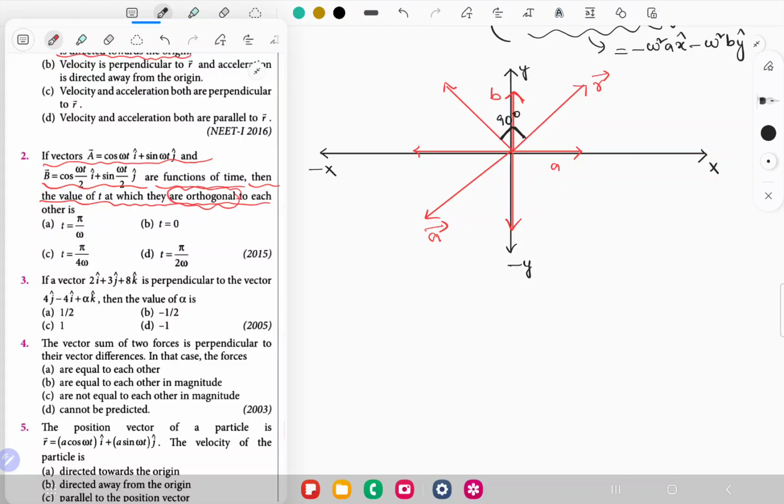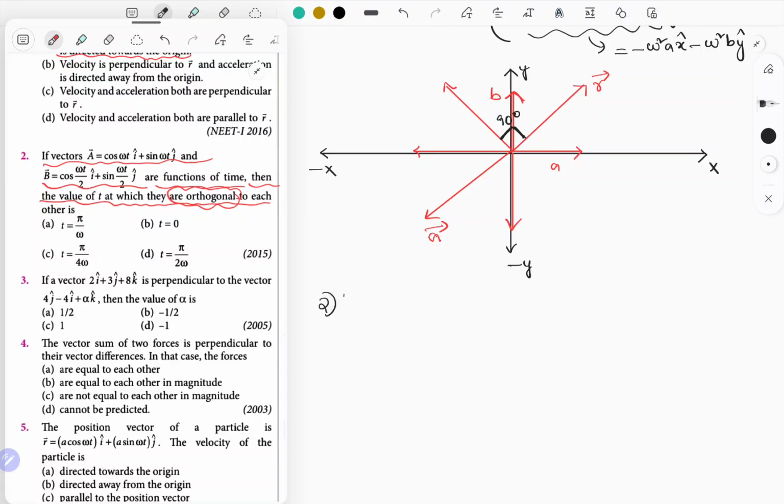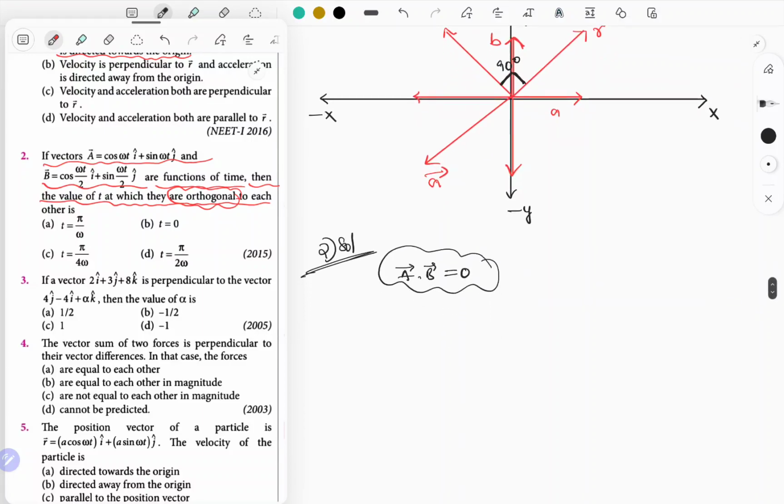They said orthogonal in the sense they are perpendicular with each other, right? If two vectors are perpendicular with each other, then dot product of those two vectors is 0, right? Let me use that point. So a bar dot b bar is going to be equal to 0 because they are orthogonal vectors. Orthogonal in the sense perpendicular vectors.